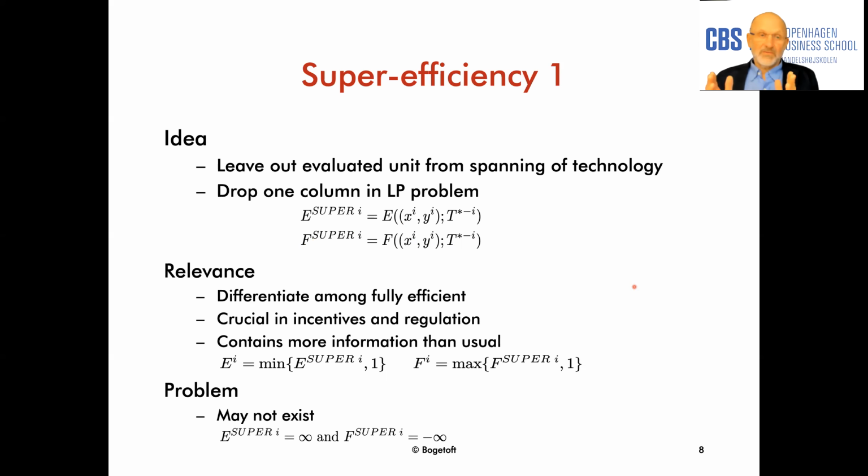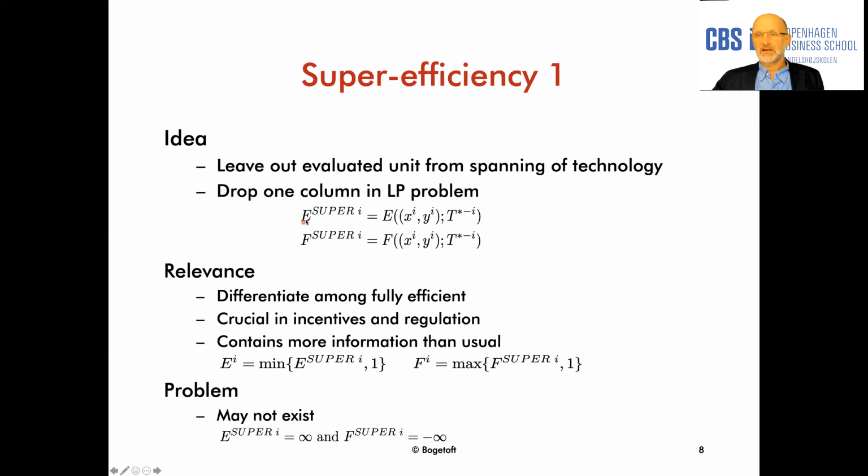It's very simple to do in reality, because it just means that when you have these sums of the lambda x_i's that you compare to, and the sums of the lambda y_i's that you compare to, then normally I would be one of those that I'm being compared to. But if you want to do super efficiency, you just remove one column from this program. And the way we write it is like here.